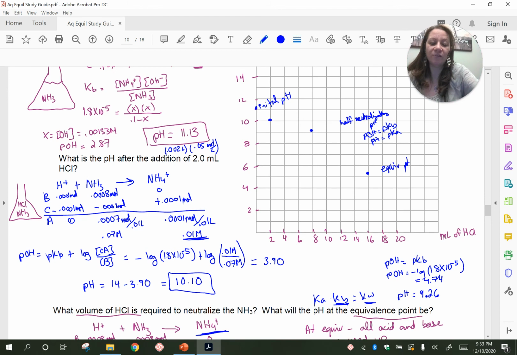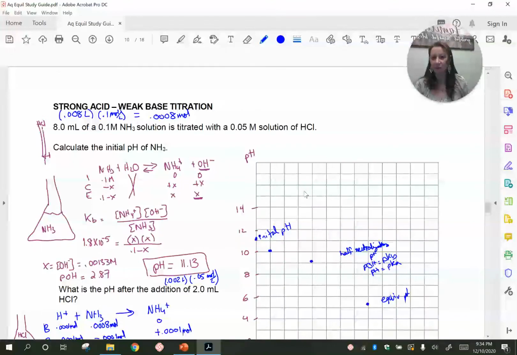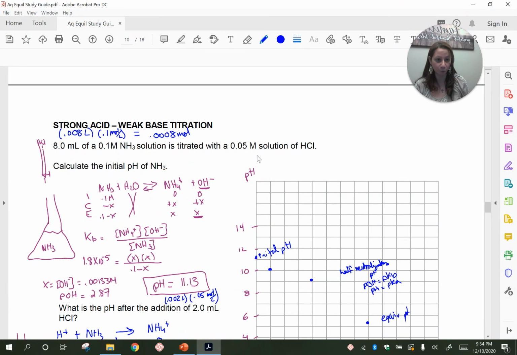One more point that you can find is the final pH. So when you draw your curve, what does it approach? If you keep adding HCl, and more and more HCl, eventually the whole thing will be pretty much HCl. And so it's going to eventually approach what the pH would be if you just had the HCl by itself. Our HCl here is 0.05 molar.